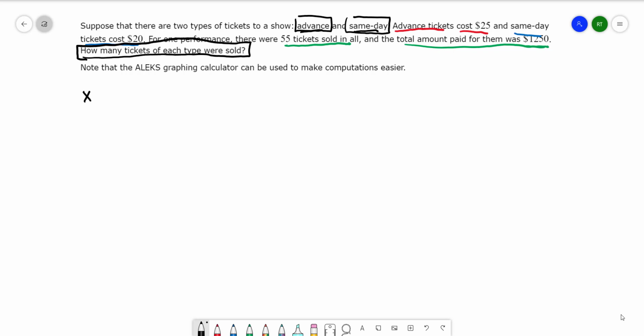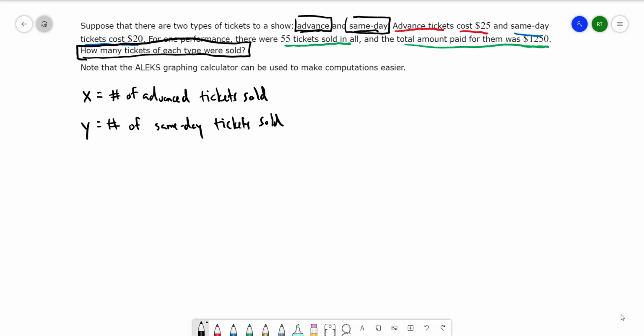I'm going to let X represent the number of advance tickets sold, and the variable Y represent the number of same day tickets sold. Now I know when I'm looking at X and Y in my equations what it actually represents. That's very helpful in order to interpret your answer.